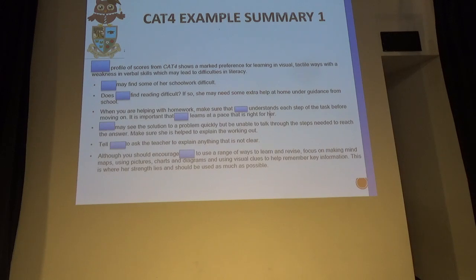And it will be useful for this child to have diagrams to help support and to look at visual clues to support their lower verbal ability. You would do that through pictures and diagrams and flowcharts and things like that as well.